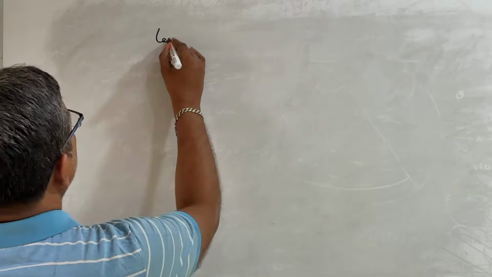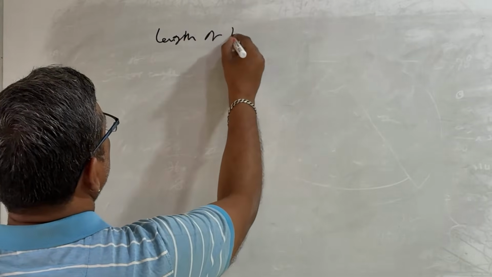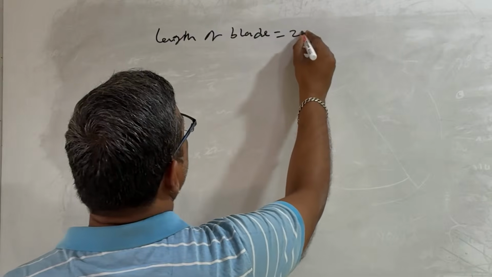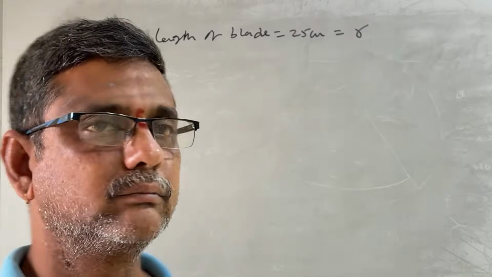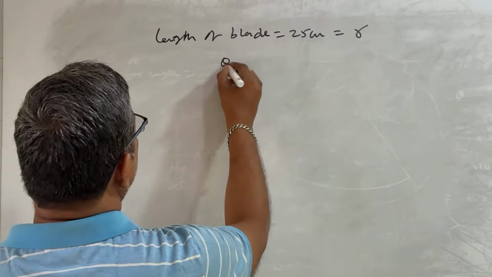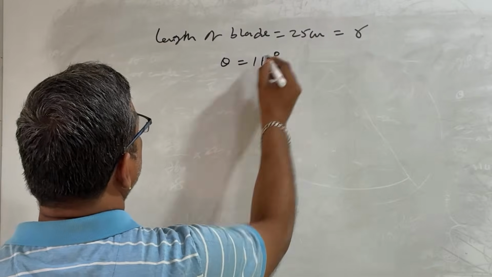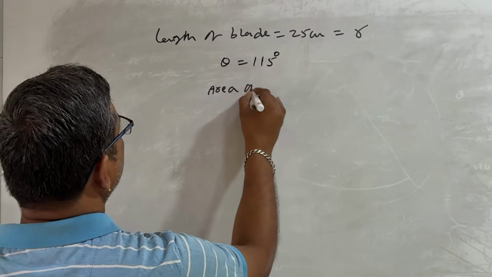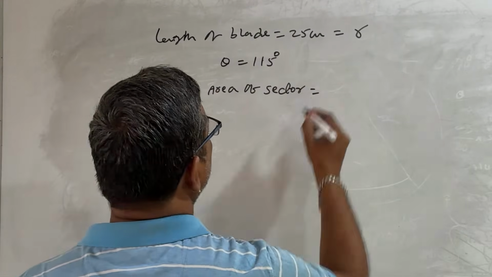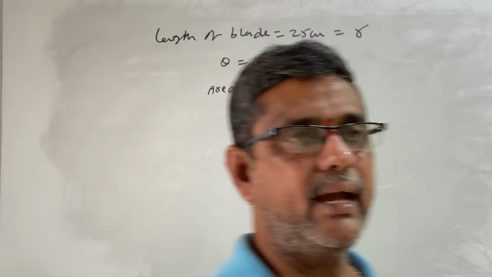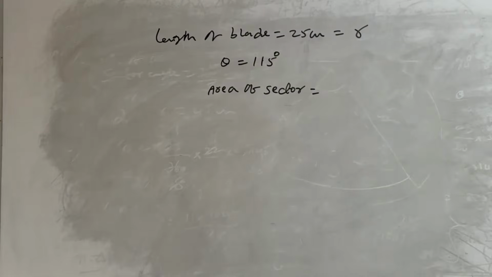Length of the blade is 25 centimeters, which we have to take as radius. And the sector angle is given as 115 degrees. Find out the area of the sector, which is equal to the area cleaned by one blade.